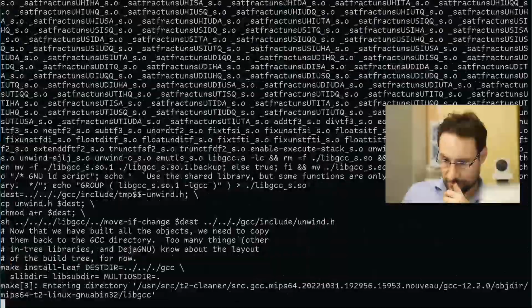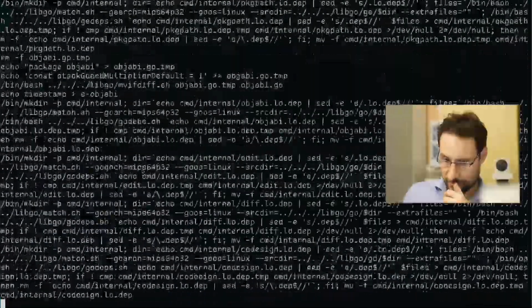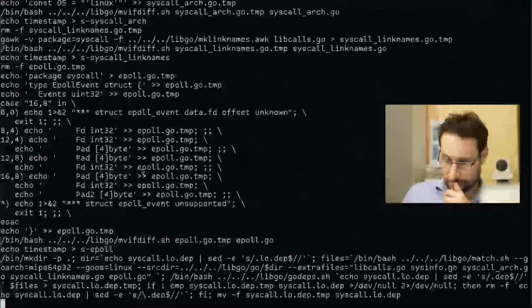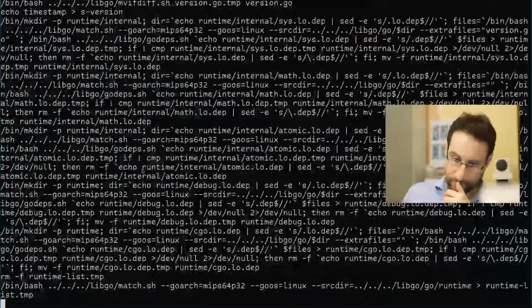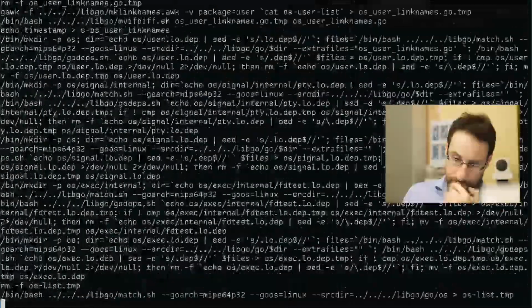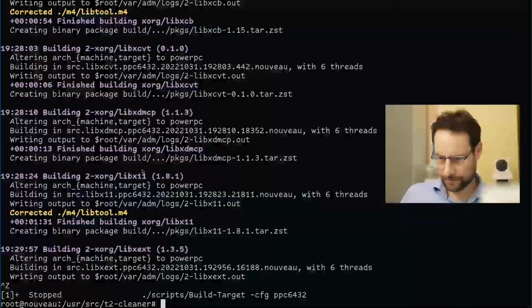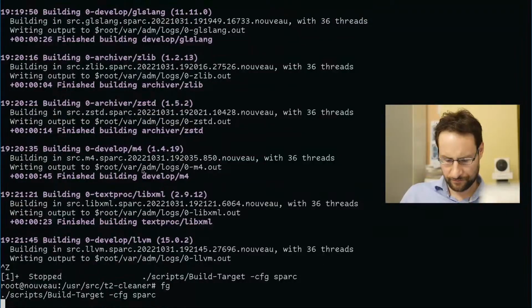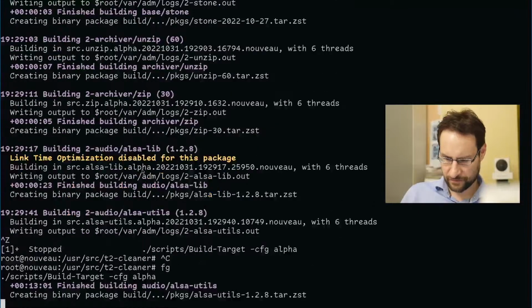But I want to better see which variant that even is. Oh, this is Go stuff, thank you very much. I mean, the easiest fix would be to disable Sanitizer for MIPS 64.